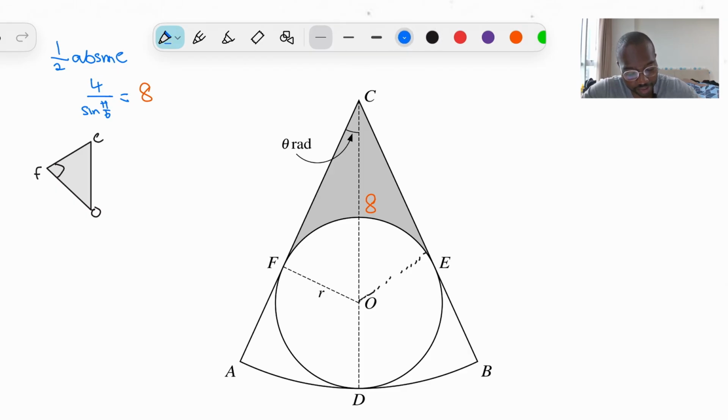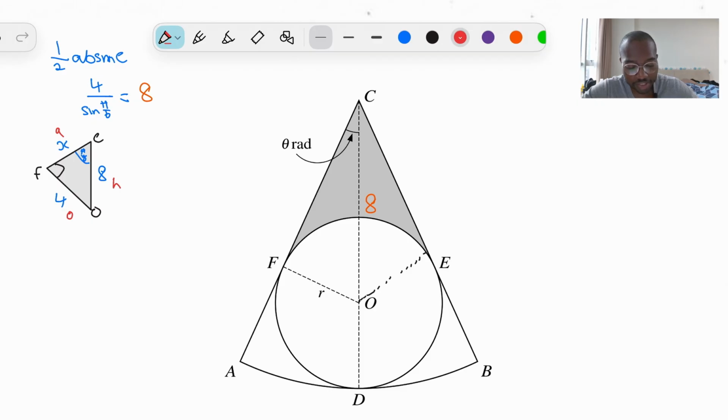We know this is 8, we know this is R, which is 4, and we know this is pi over 6. We want to work out this length here, which is x. We know this would be the opposite, this is the adjacent, and we've also got the hypotenuse as well. So we can use sine, cos, or tan. We can use any of them to work this out, which is convenient. But just to be on the safe side, I'm going to use the 4.